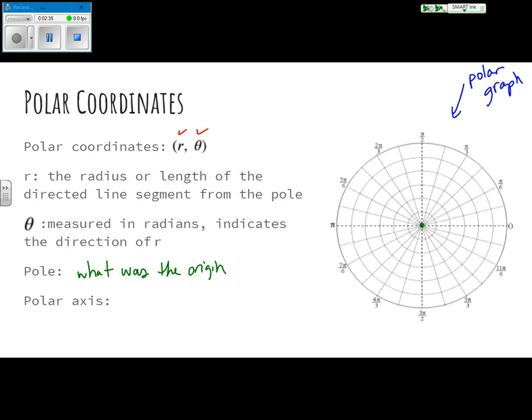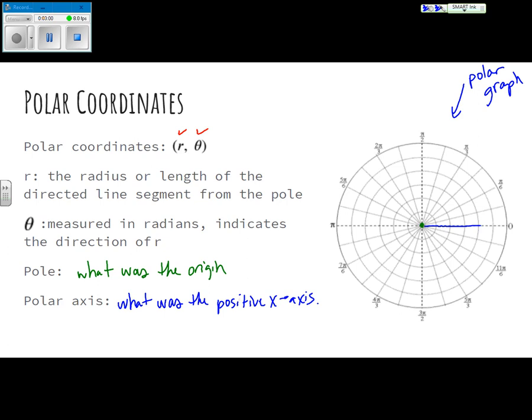Now we have all these circles instead of all those boxes. And then I'm really interested in the polar axis. I'll just call the polar axis what was the positive x-axis.